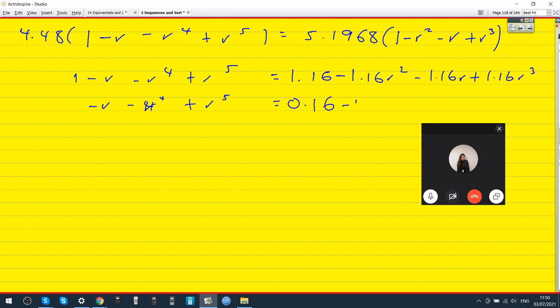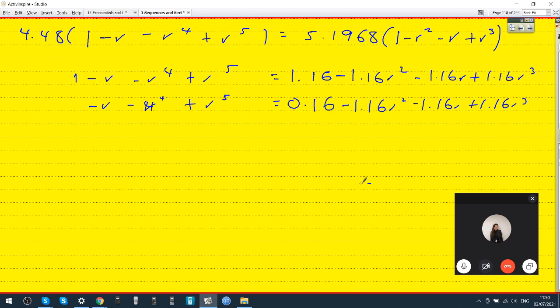And then could we add r on both sides, make it equal to 0? So can we just add r to the 4 and minus r to the 5 on both sides? Yeah.